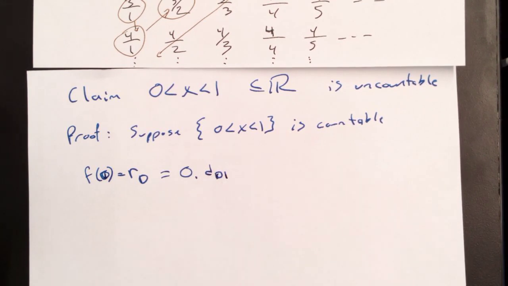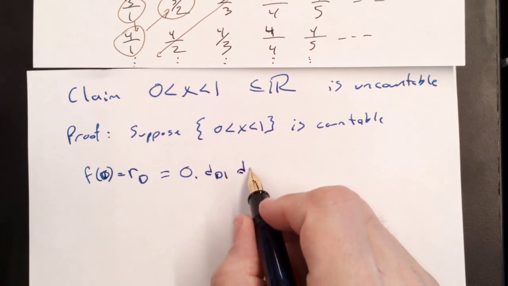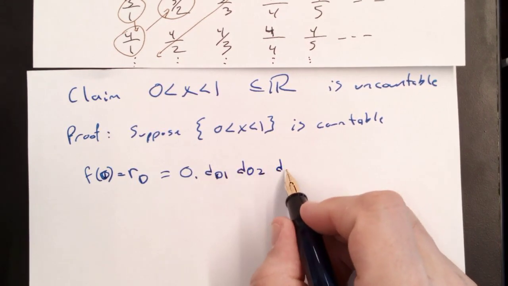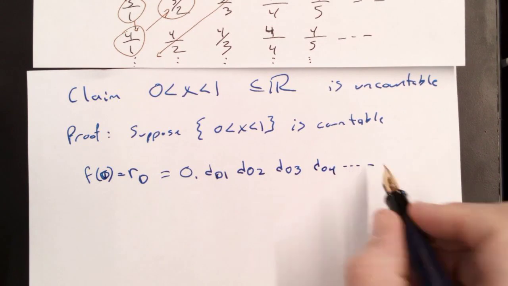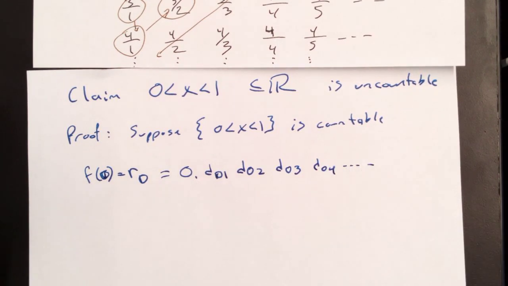I'm going to give it a double subscript. The second digit of the 0th number. The third digit of the 0th number. There's just one restriction. The tail can't be 9s forever, because if it's nines forever, technically you're rounding up. So we can't end with a bunch of nines.